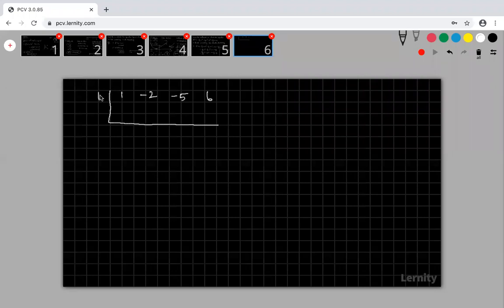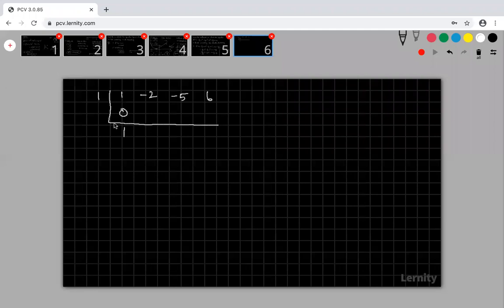I'm going to use that 1 and put 0 here. Now add these two. I'm going to check whether 1 is a solution of this given cubic polynomial. I'm putting 0 here and adding: 1 plus 0 is 1.